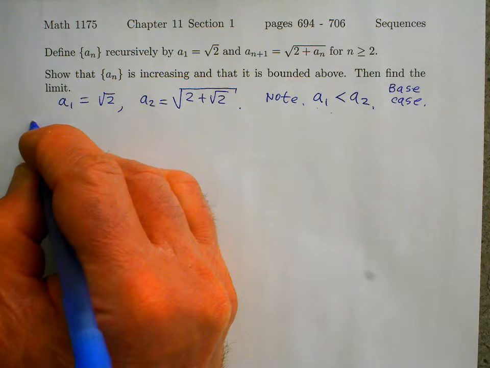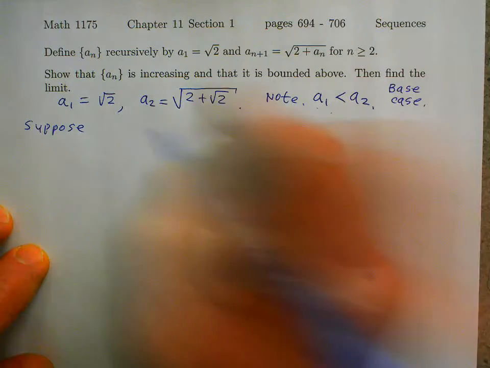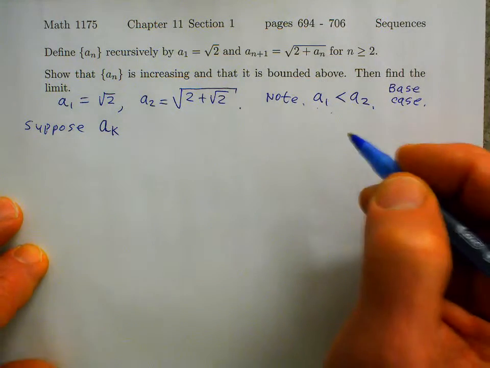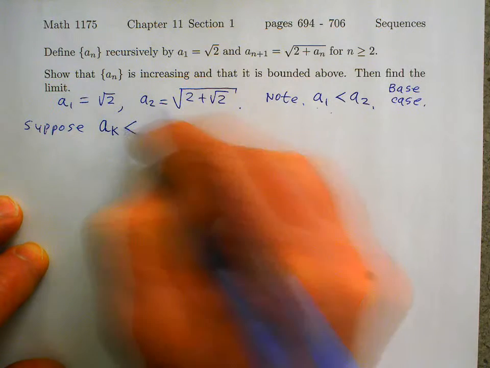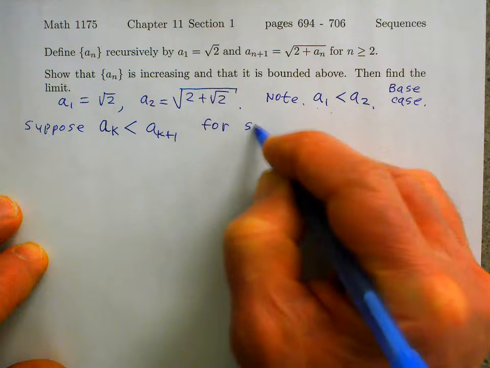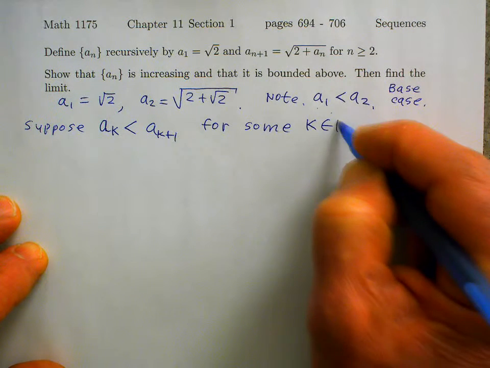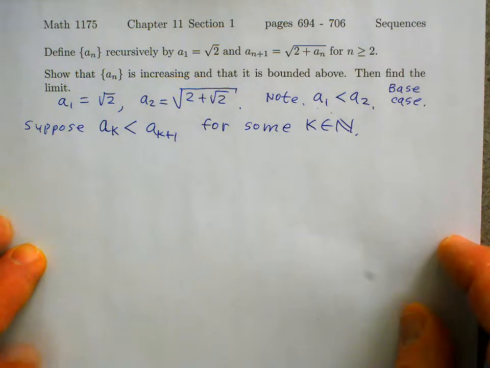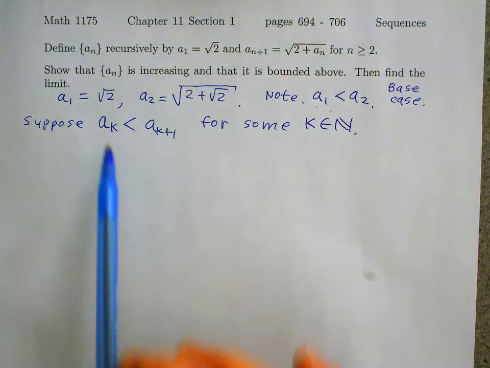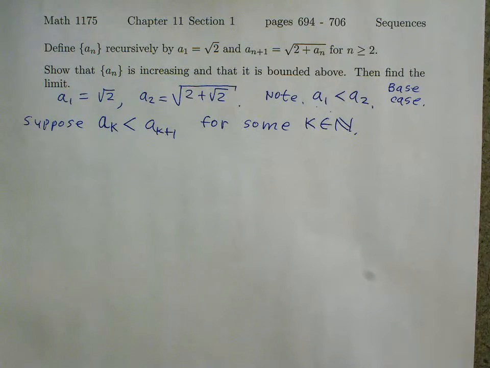Okay, so what we do is we suppose a sub k is less than a sub k plus 1 for some positive integer k or some natural number k. And the goal is to show that a sub k plus 1 is less than a sub k plus 2.